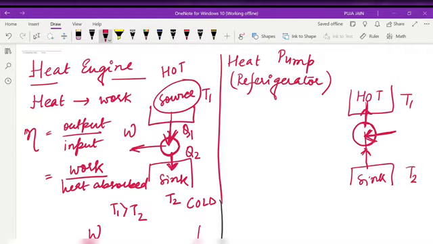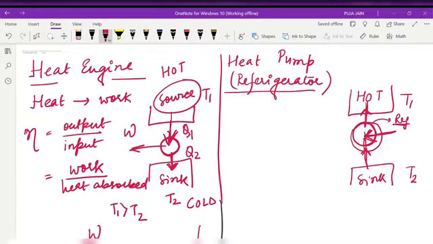See, basically why refrigerator? What happens in a refrigerator? Suppose this is the refrigerator. What does a refrigerator do? The temperature of a refrigerator is to be kept cold, that is, its temperature is lower, right? So it does not basically absorb heat from the surroundings, it rejects heat.